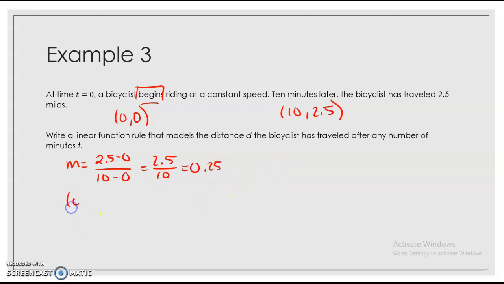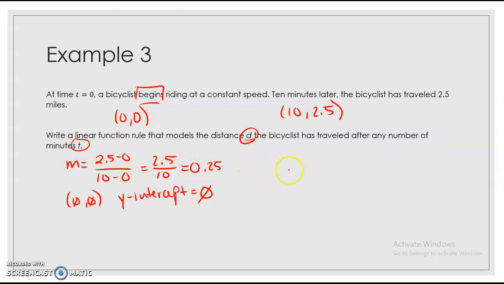Because we're working with that point 0, 0, our y-intercept is 0. So I know that my y-intercept is 0. So many zeros here. I'm not actually going to go in and solve. It does tell me I want to use d as my distance and t as my number of minutes.